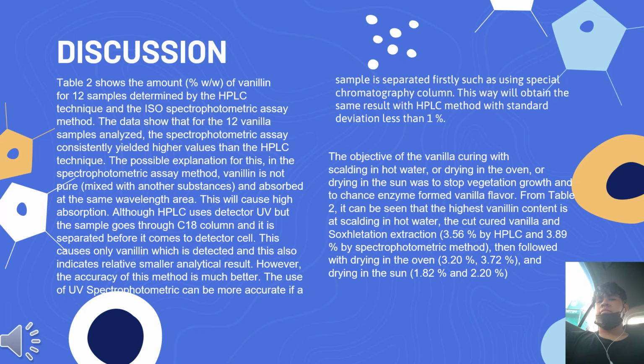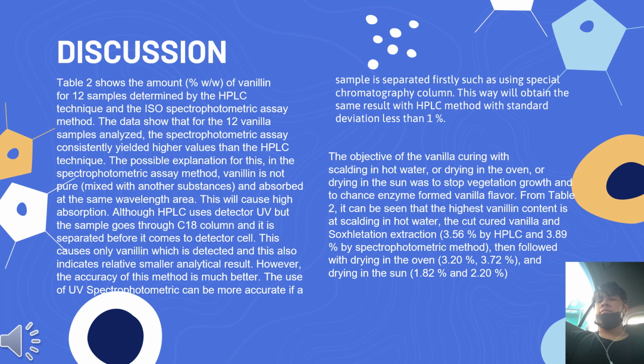Table 2 shows the amount of vanillin for 12 samples determined by HPLC technique and the ISO spectrophotometric assay method. The data show that for the 12 vanilla samples analyzed, the spectrophotometric assay consistently yields higher values than the HPLC technique.